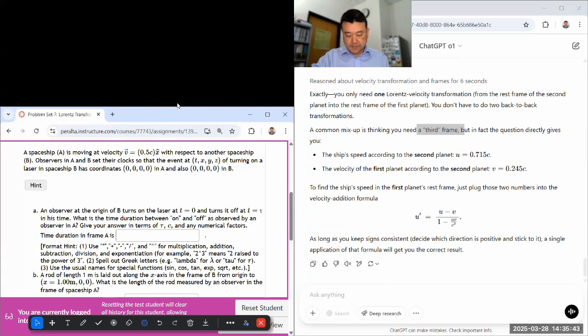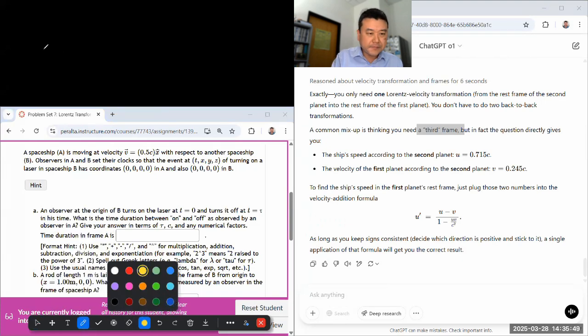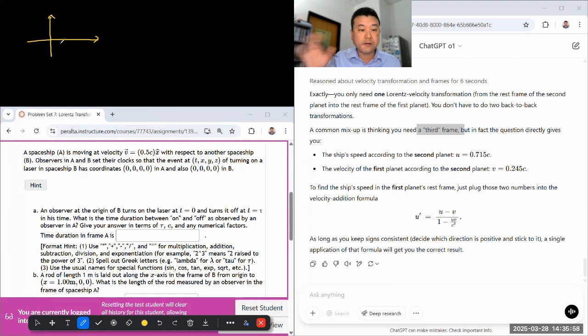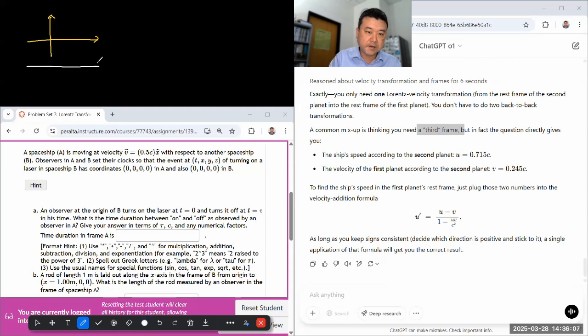I can imagine someone doing this, where you have, let's say, this is the spaceship that's going to be at rest, and spaceship A is in the same frame at time equals 0, and then it's moving to the right at speed v equals 0.5c. I'm not using a space-time diagram, because someone using a space-time diagram won't make the mistake that I'm going to make.